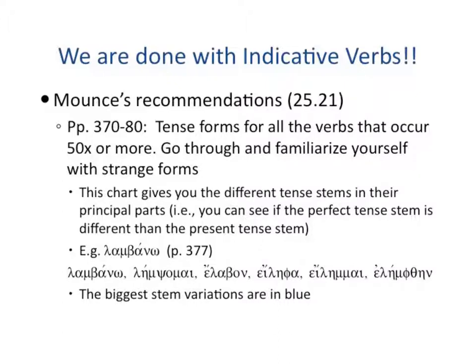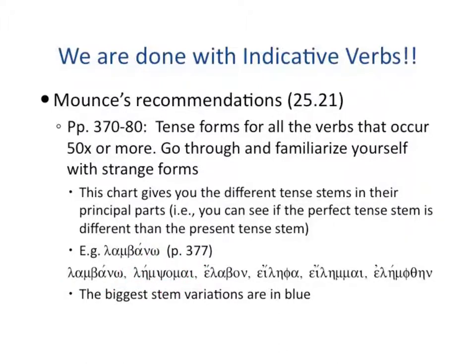But principal parts will come in 6 different forms. So lambano, lampsomai, elabon, eilepha, eilemmai, elemphthen. Now, your first principal part will be your present endings, your present and imperfect.